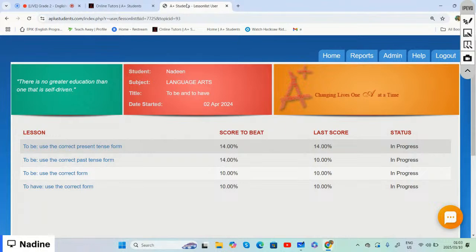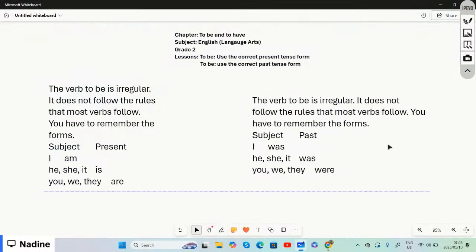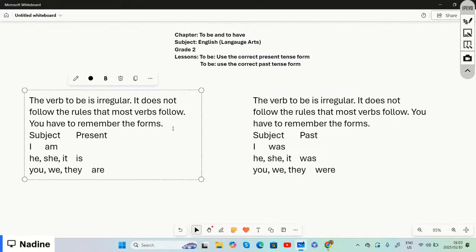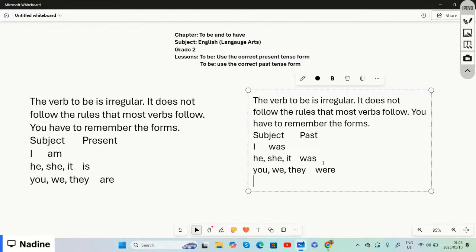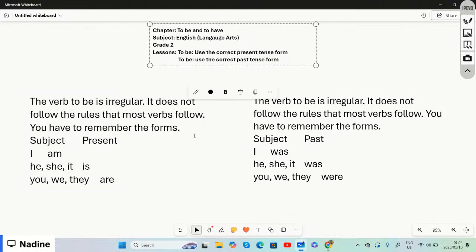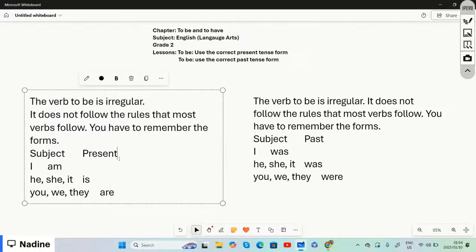All right. So when it comes to our chapter, we said that our chapter is to be and to have. We're doing the subject of English language arts, grade 2.